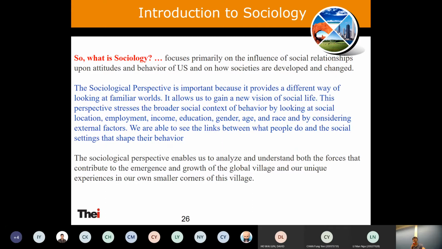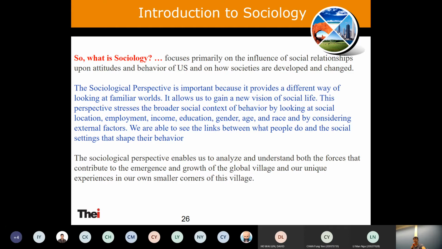So what is sociology? Basically, it focuses primarily on the influence of social relations upon attitudes and behavior. For example, we take the USA as our example. The sociological perspective is important because it provides a different way of looking at the familiar world.